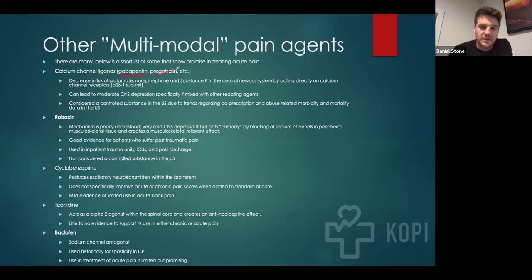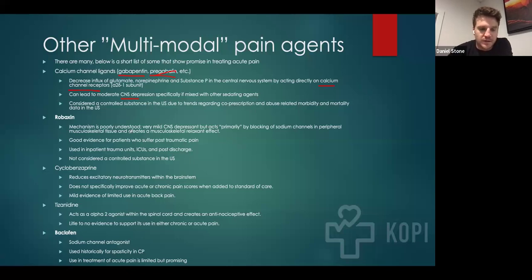There are medications called calcium channel ligands, which include gabapentin and pregabalin. These can lead to a little bit of CNS depression, but their main site of action is on the spinal cord and the specific calcium channel receptors that control pain, from that diagram that I showed you earlier.